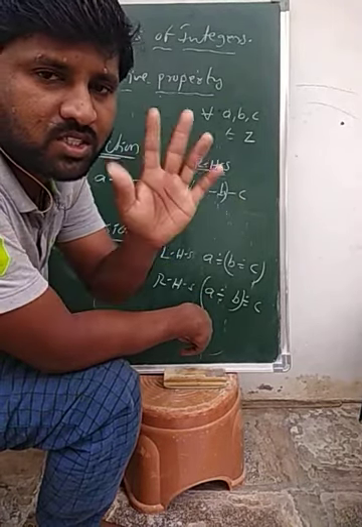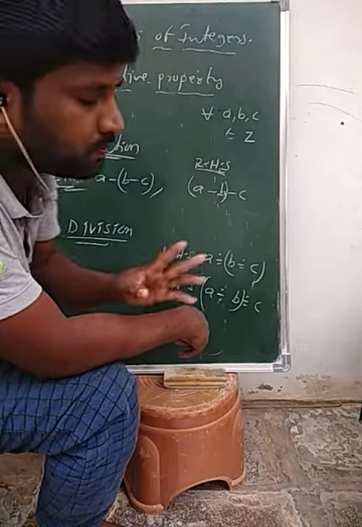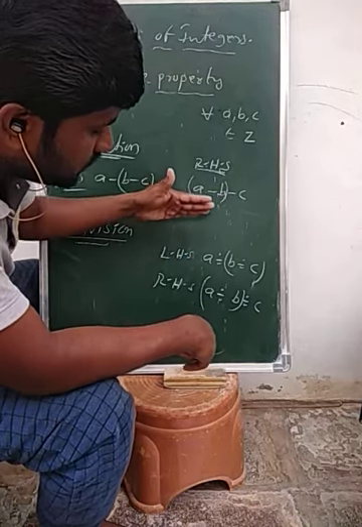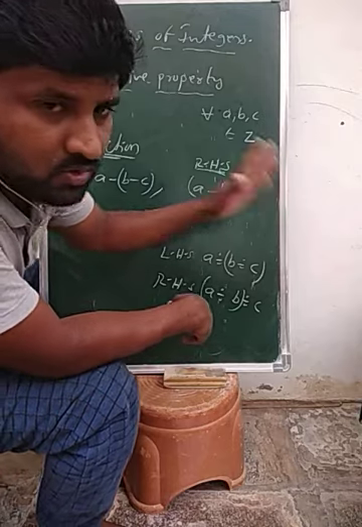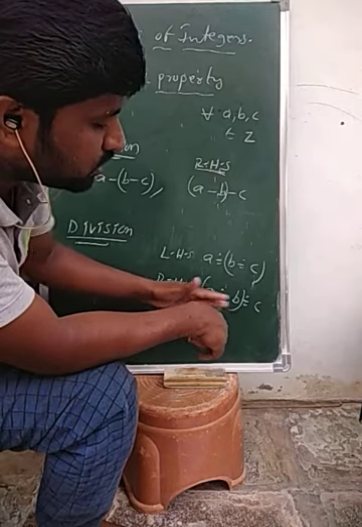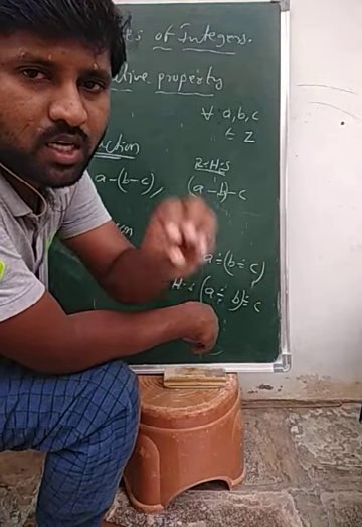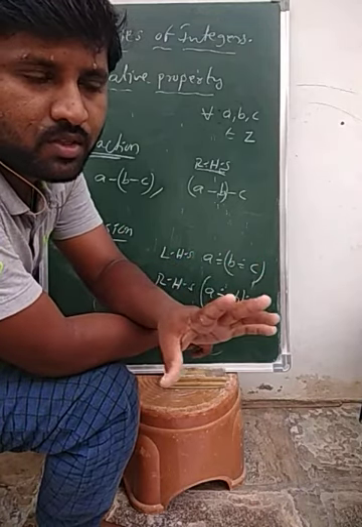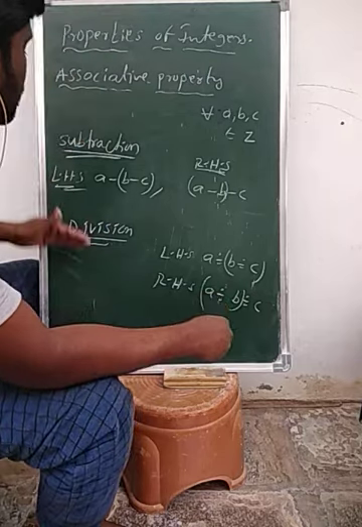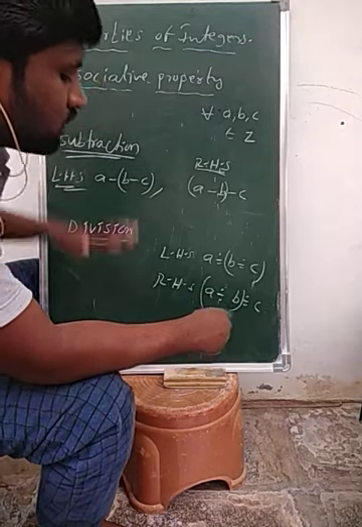Substitute in the LHS part, what is the value? Substitute in the RHS part, what is the value? Are they equal? Check it. So these two you consider as home work.